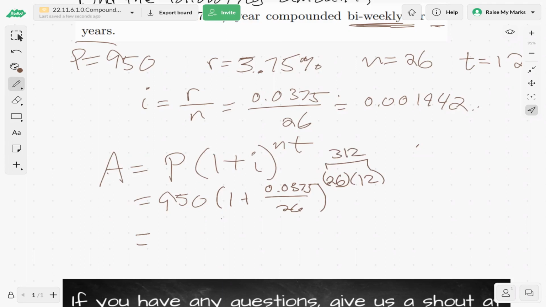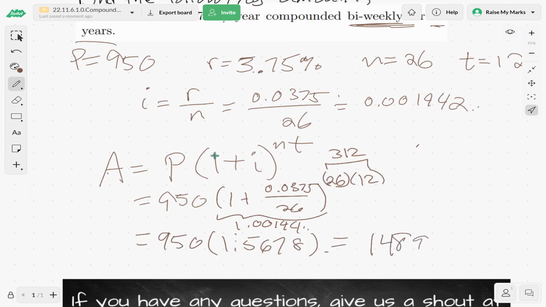In the brackets, we have 1.00144, and we're going to raise that value to the power 312. And we get 1.5678. We're going to multiply that by 950, and we end up with $1,489.41.